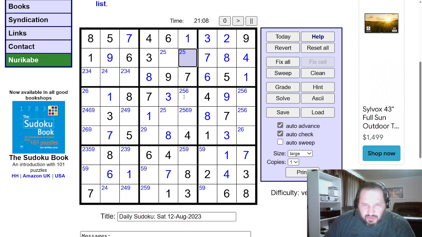So this couldn't be a 2, 5, 9 because that would make this one impossible. That's just the way that that would work. 2, 5, 9. See, 9 would have to come over here.